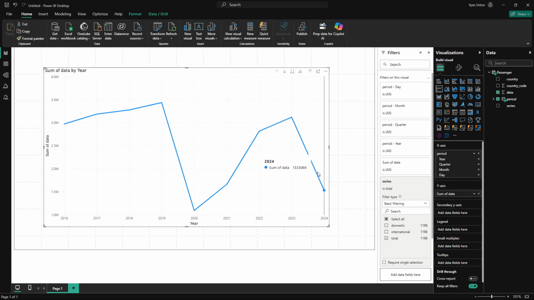Now at the end, why is there a drop? Well, we have the full year of 2023, but only half of the year for 2024, the first 6 months only. It's about 1.5 million.